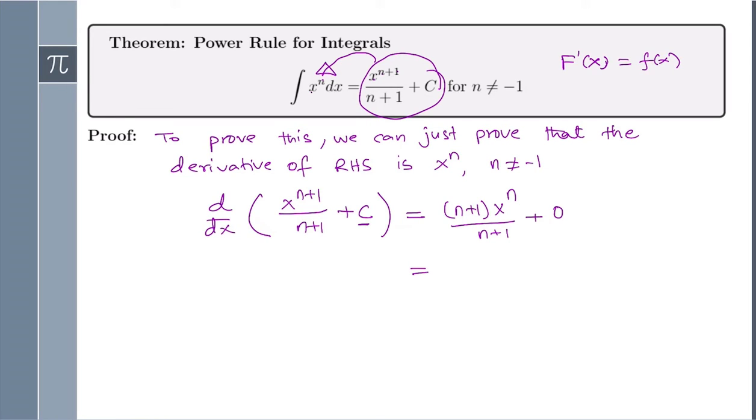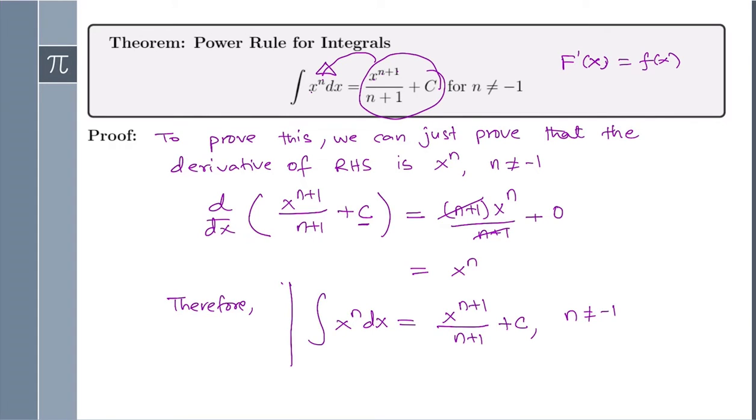The n plus 1 and n plus 1 cancel out, so we get x to the n, which is the left-hand side of that equation. Therefore, we can write the integral of x to the n dx equals x to the n plus 1 over n plus 1, plus c, where n cannot be -1.